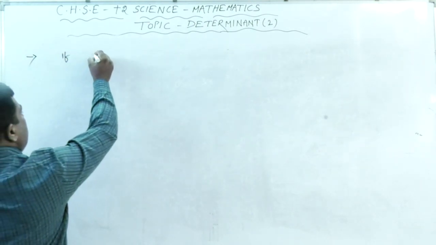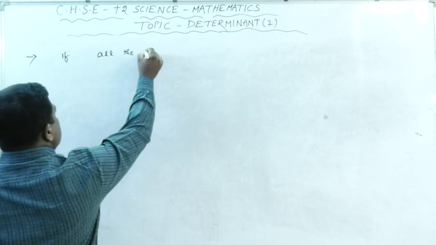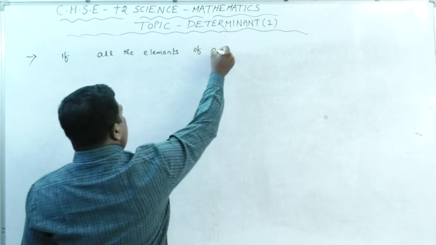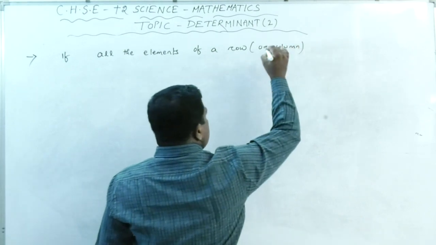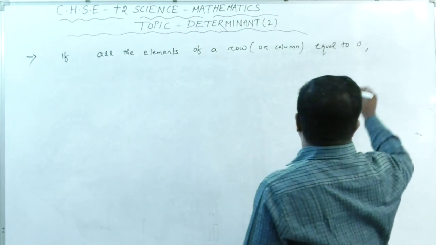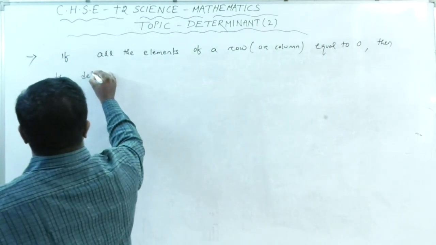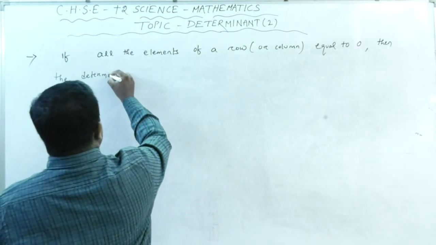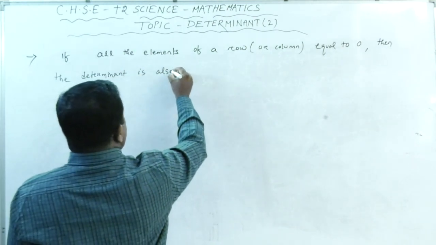if all the elements of a row or column are equal to 0, then the determinant value is also equal to 0.